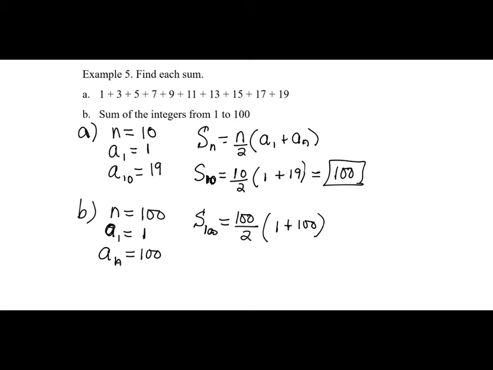So when I add that together and then multiply by 50, I wind up getting 5,050 as the sum of that list. Now just keep in mind that if my first number was 0 and we went to 100, then instead of there being 100 terms in the sequence, it would have been 101. So just be aware that wherever it starts, be careful of how many terms you have in between.